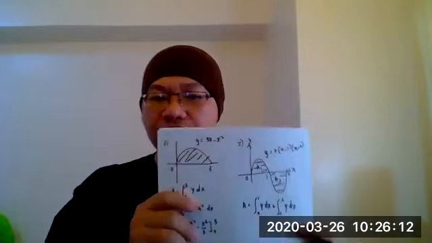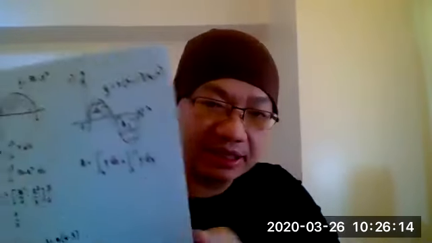So area, since the shaded region is against the x-axis, is integrate 0 to 1 y dx plus integrate 1 to 2 y dx. Okay, so this is the method.